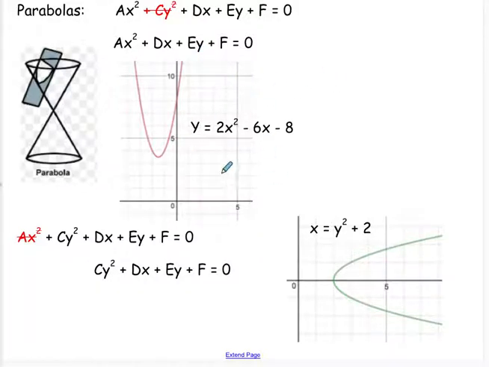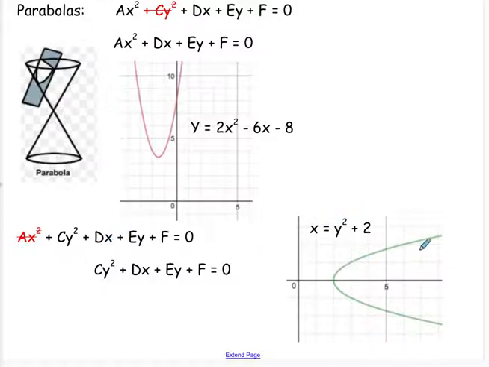Of course, it is possible that you could have a sideways parabola. Even though this isn't a function, because it fails the vertical line test, it's still a curve and still a conic section. But in this case, instead of not having the y squared term, we now just don't have the x squared term. That a is equal to 0, so it's gone, and we've solved instead for x.